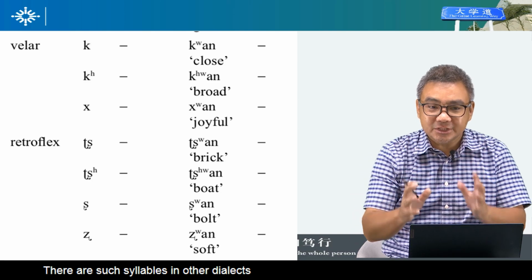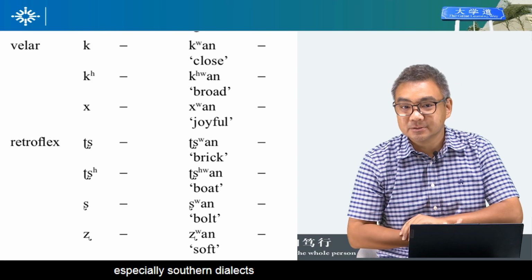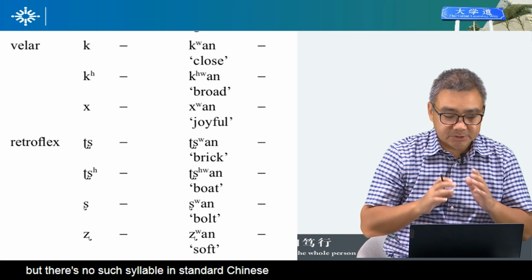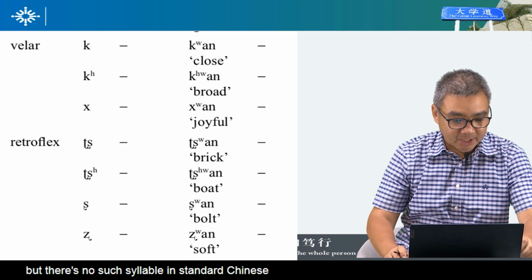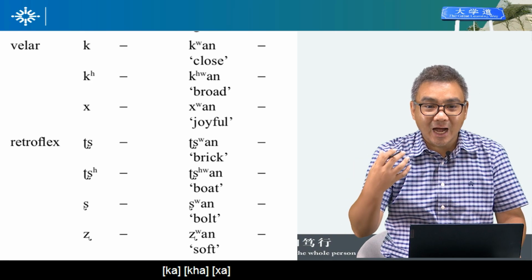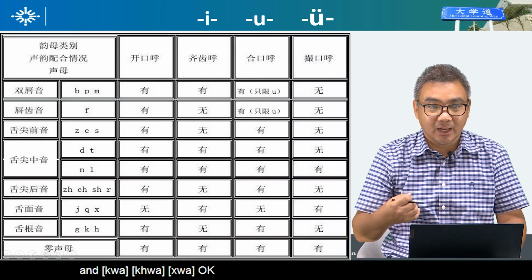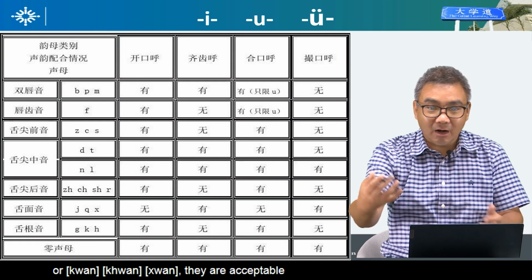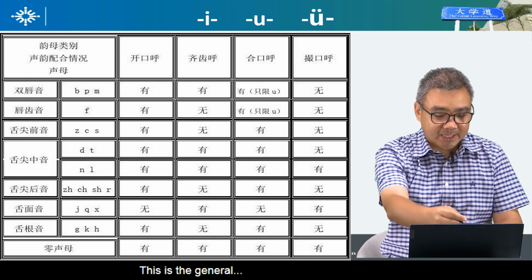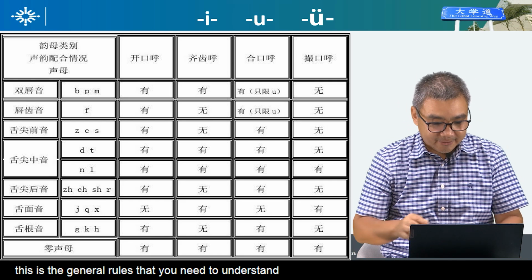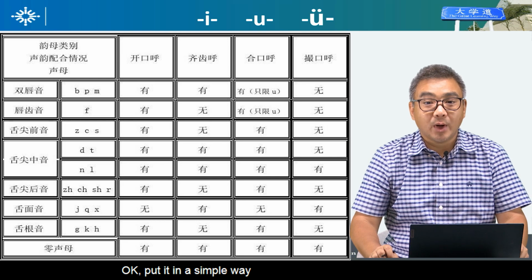There are such syllables in other dialects, especially Southern dialects, okay? But there's no such syllable in Standard Chinese. No gi, ki, hi, no gu, ku, hu, ga, ka, ha, and gua, kua, hua, okay? Or guan, kuan, huan, they are all acceptable. This is the general rules that you need to understand. Okay, put it in a simple way.